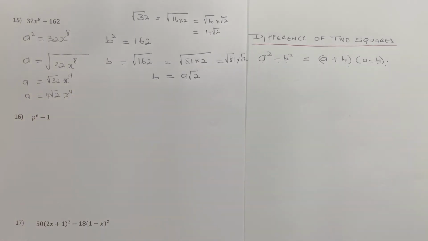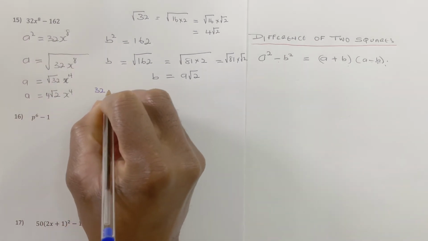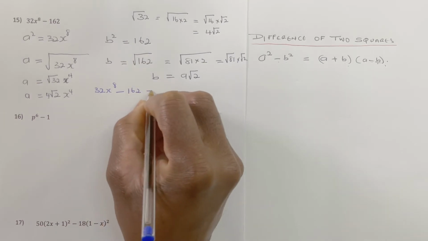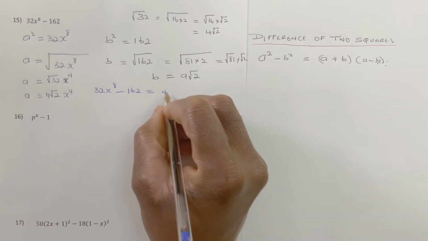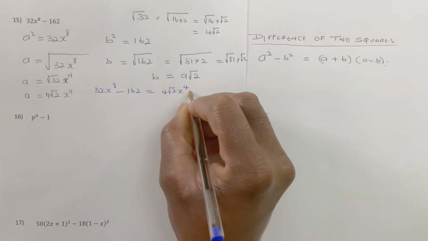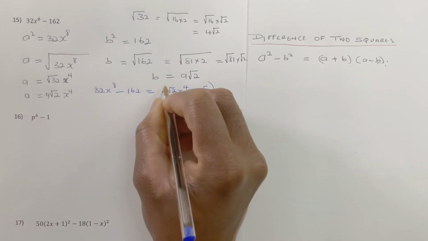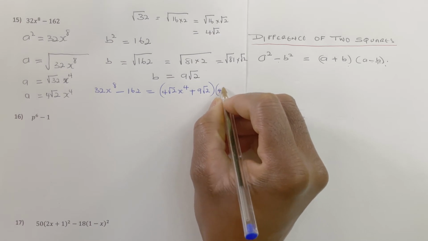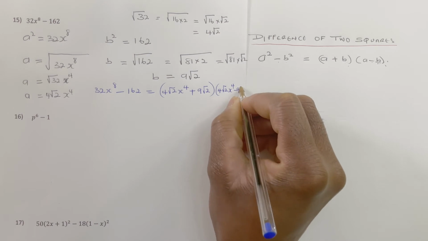Now we can complete this by rewriting 32x to the power 8 minus 162 as equal to a, 4 root 2 x to the power 4, plus b, 9 root 2, and again 4 root 2 x to the power 4 minus 9 root 2.